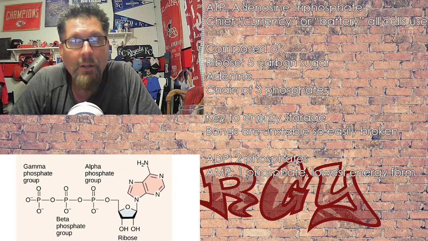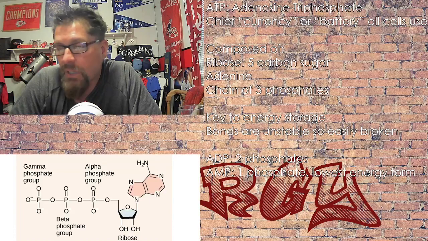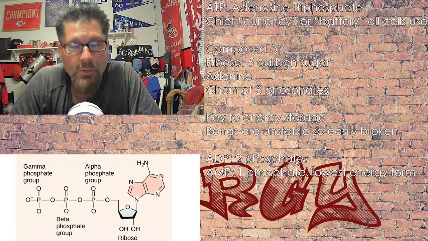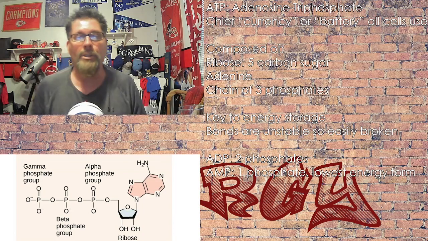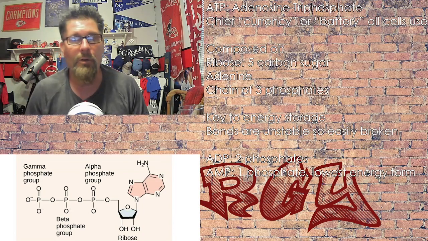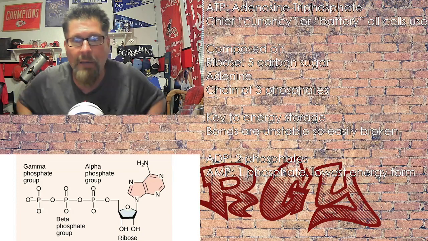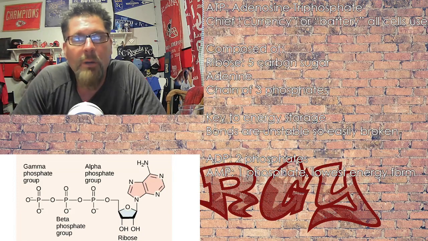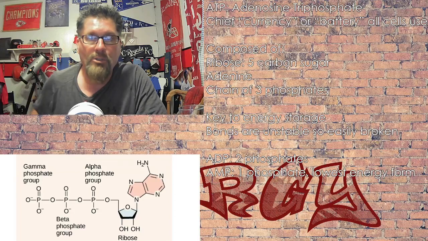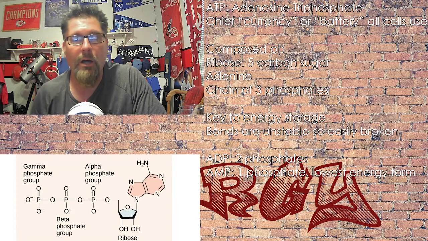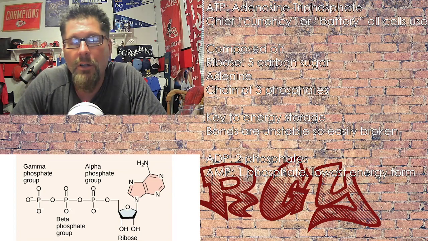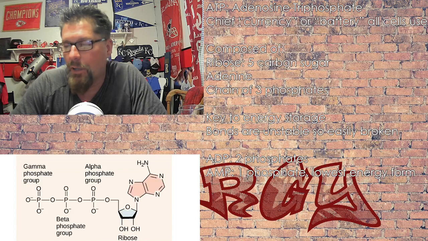If we're adding something to the molecule, we're reducing it, and of course oxidation. What you're going to see when we're looking at the diagrams in 7 and 8 is that somebody brings that third phosphate, whether it's an electron carrier or whoever it may be, they bring that in, and for that phosphate to be added.